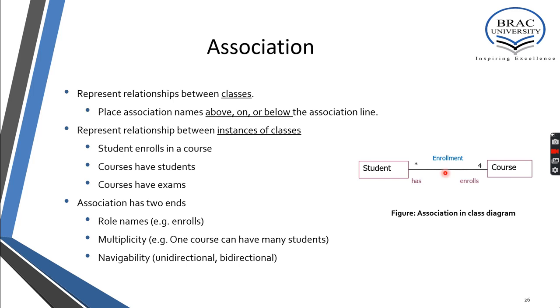This relation can also be represented here. So this is how we identify the classes and the relations between the classes, and associate them by these rules.